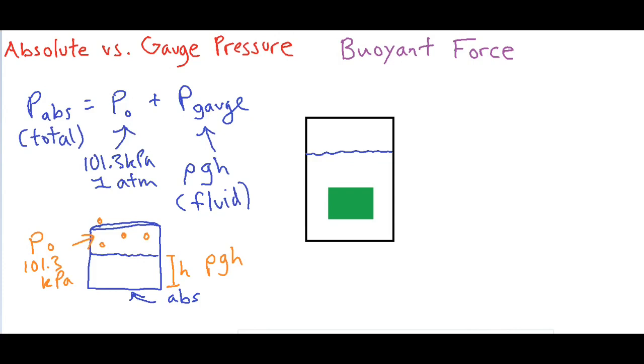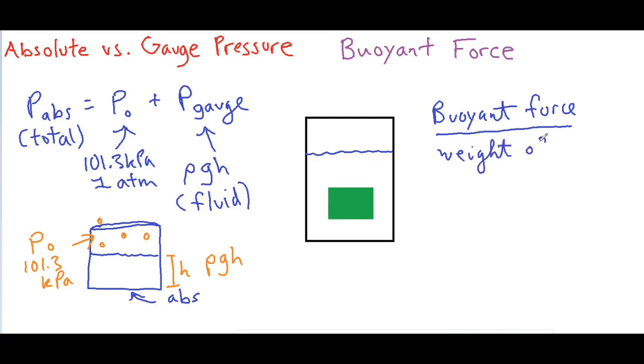So there's some fluid that is displaced based on the volume of the actual object itself. Now the buoyant force is equal to the weight of fluid displaced.